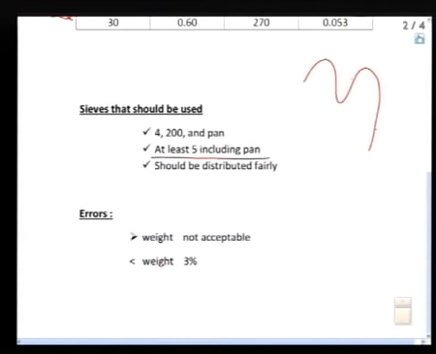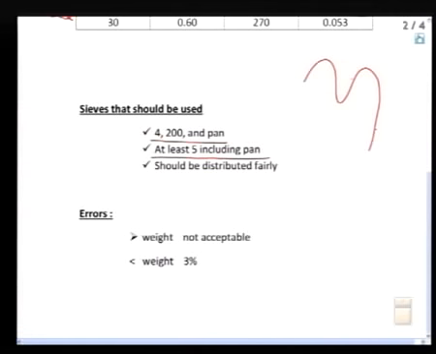If we take out of them 4, 200 and the pan, these are 3. So let us have another 3, another 4. Between 5 and 7 all together, sieves including the pan, they are enough. Okay? 5 to 7, they are enough to draw a curve.